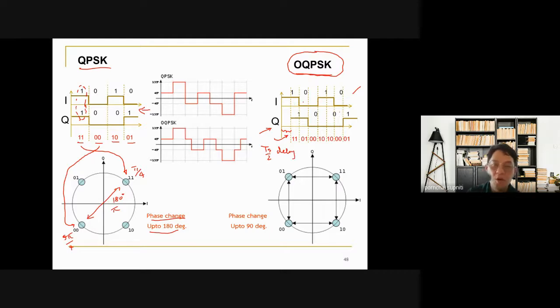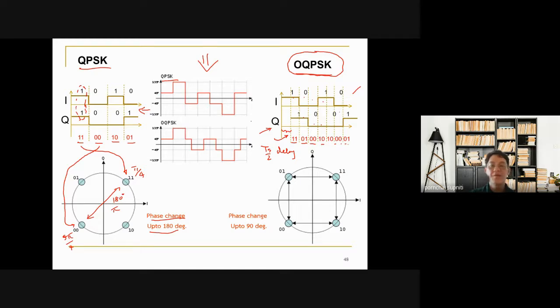In doing so, when you transmit a pair of values, you will transmit 1 1, 0 1, 0 0, 1 0, and so on. On the left, this is what you can see as the phases that need to be transmitted on the QPSK signals. For QPSK signals, you transmit 45 degrees, 135 degrees, and a jump of 180 degrees is possible.